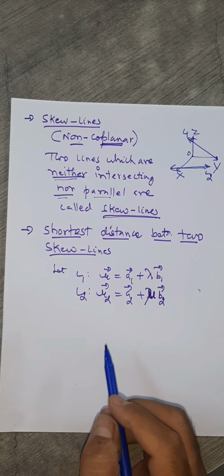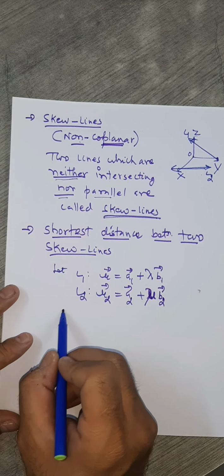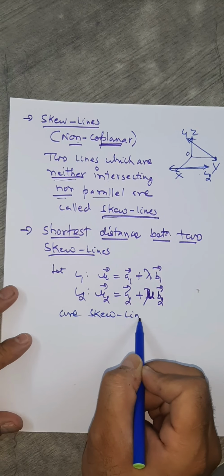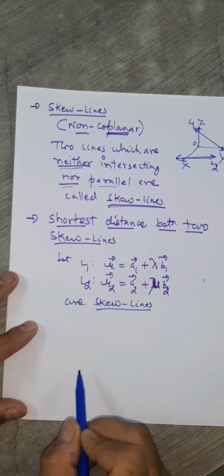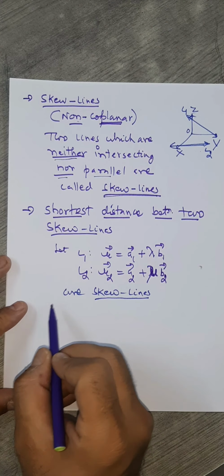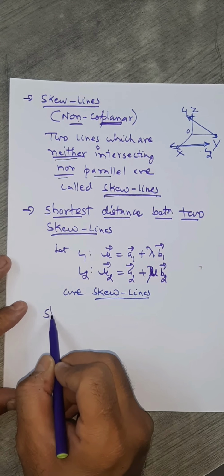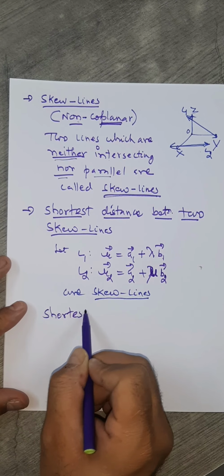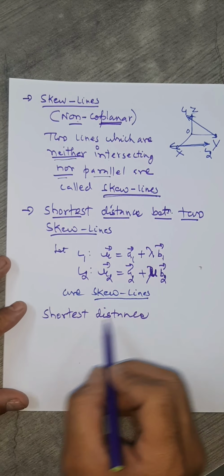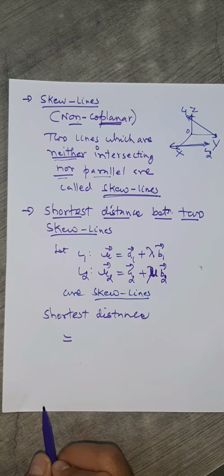Now these are skew lines, which means they are in different planes. We want the distance between these two. Again, the concept of projection is used here. The minimum distance, the shortest distance between these two, is given by this expression.